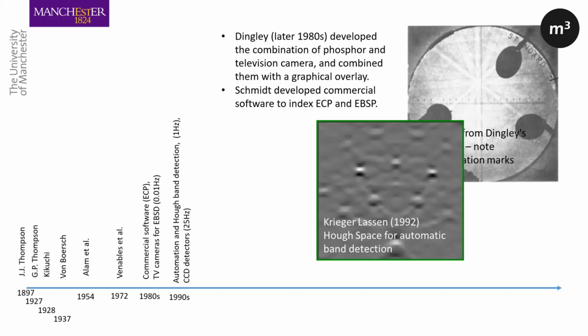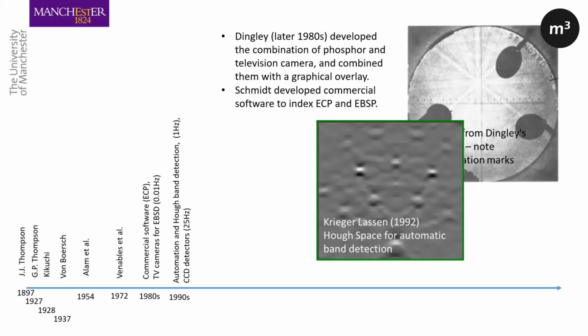So that created automation, which was at that time, with the old detectors, maybe 1 pattern a second, and this was really quite a speed. When we got this, I remember it was a huge thing, because until then you had to draw the bands. So if you got 10, 20 measurements a day, it was really an achievement.